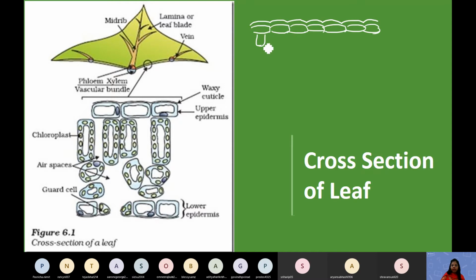Below that, you have this kind of cell without any intercellular space. Again, the same kind of elongated cell without intercellular space is present. Now you make some tissue and create some intercellular space. This diagram is important for your exam.